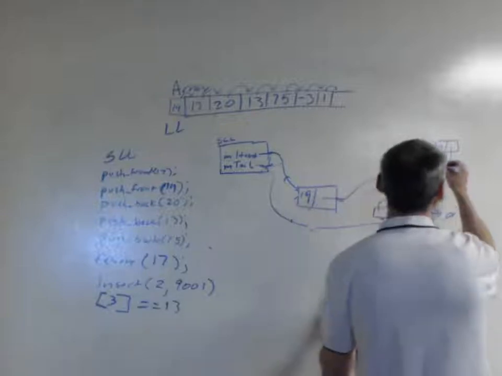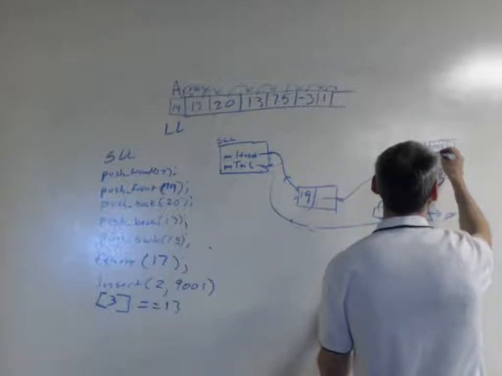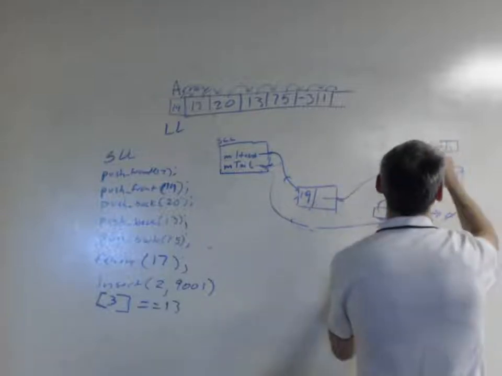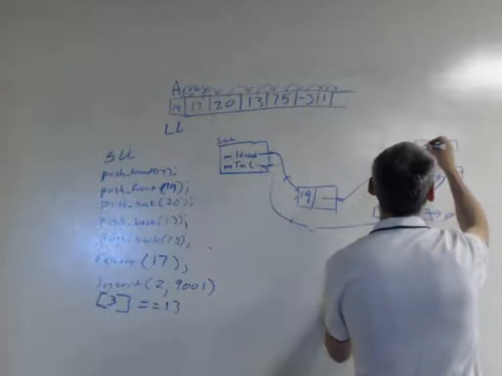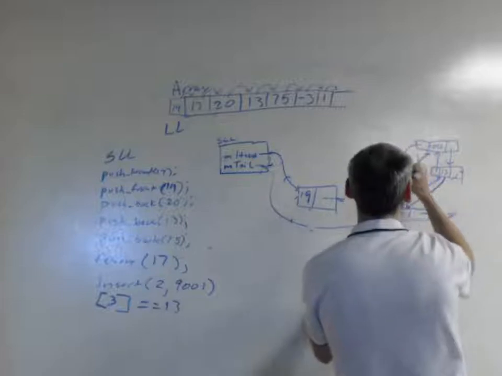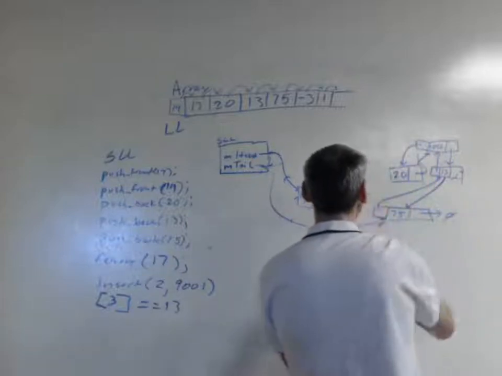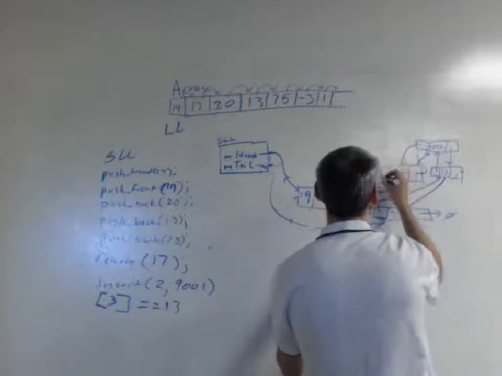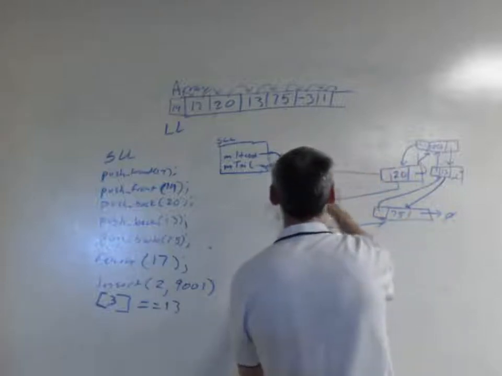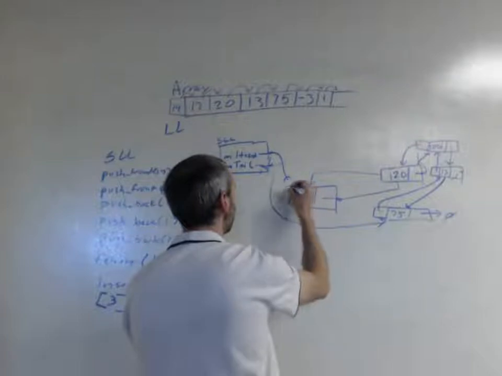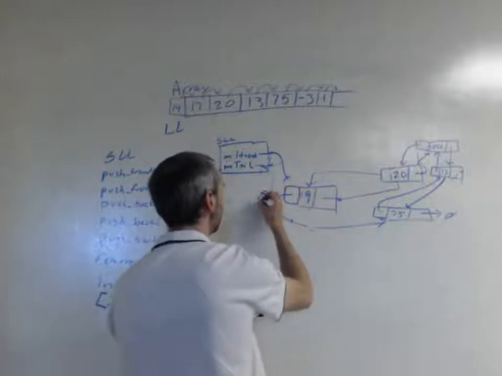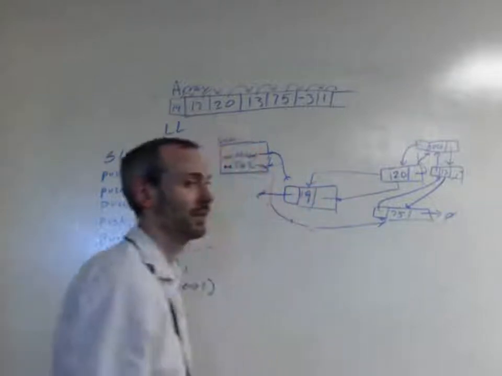Hey look, there's an arrow going both ways. Whoa. Make that arrow go right here. Make this point back. And then, what should the arrow over here point to?